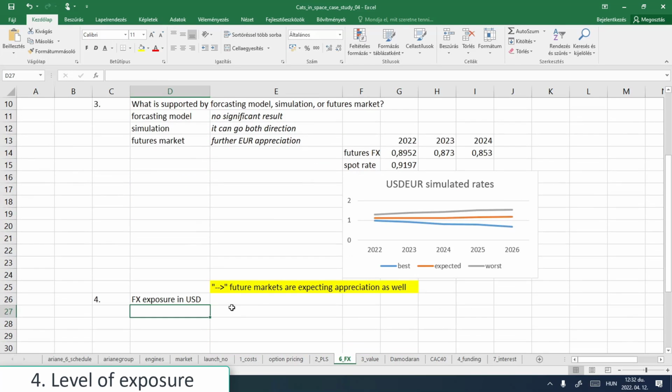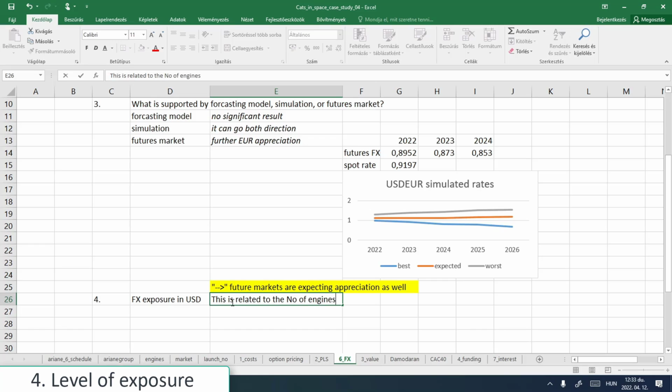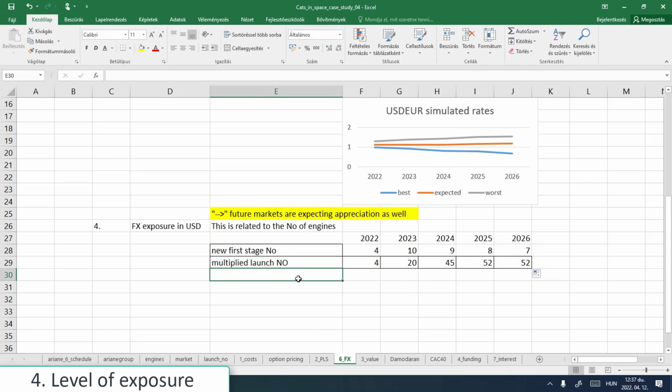We know that this is related to the number of engines, so the overall engines needed.